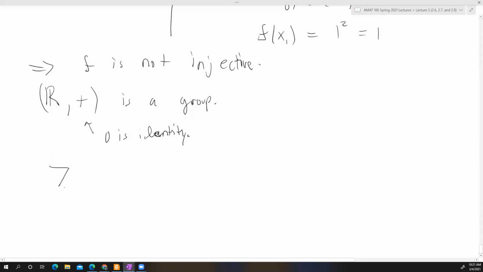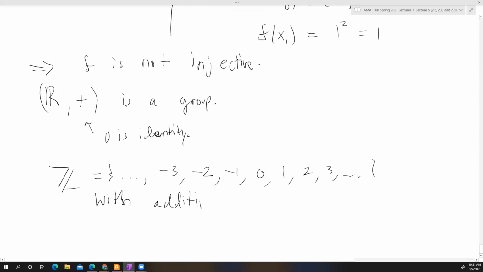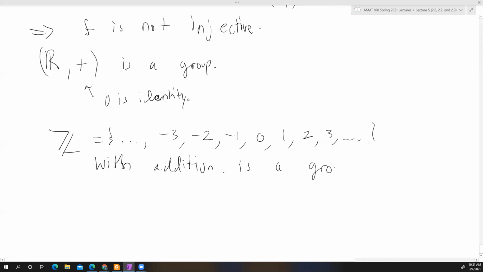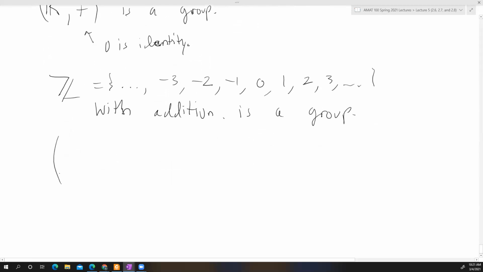For example, take the integers: all negative integers like -3, -2, -1 up to infinity, and then positive numbers 1, 2, and 3 up to infinity, with addition. This forms a group. But then you can also look at matrices.